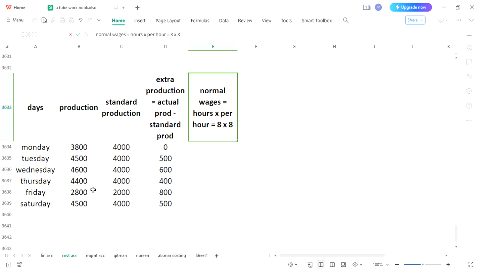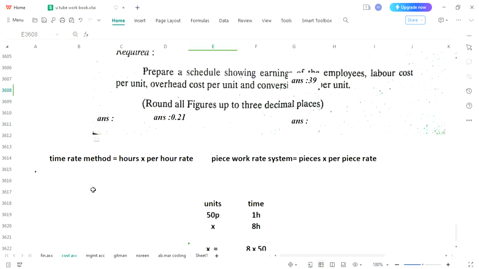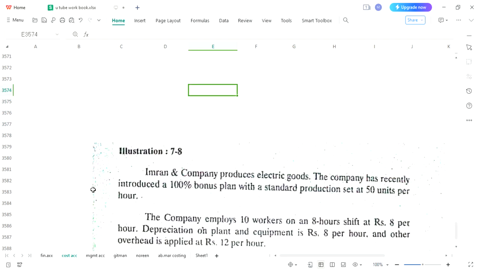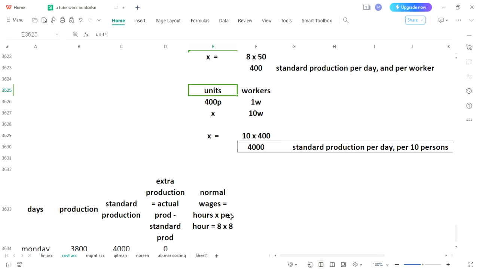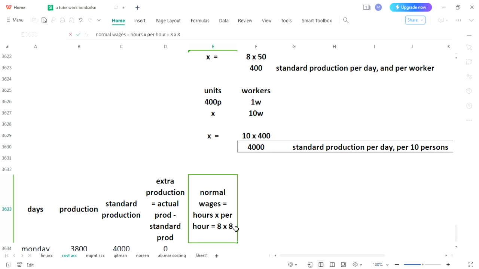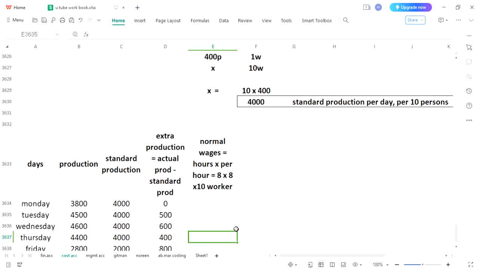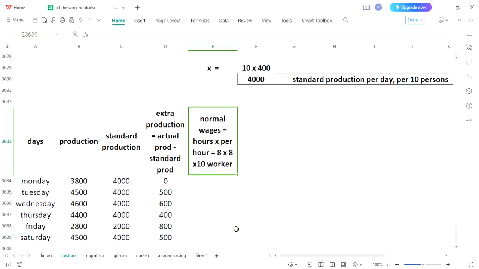Let me see. This is your 10 workers, 8-hour shift, 8 per hour. So yes, that was quite right. 8 hours and 8 per hour, and there are 10 workers. In this way you will be able to calculate your normal wages.